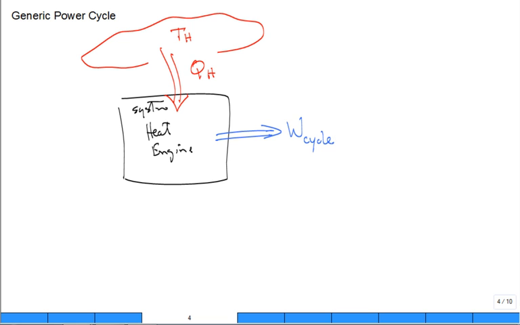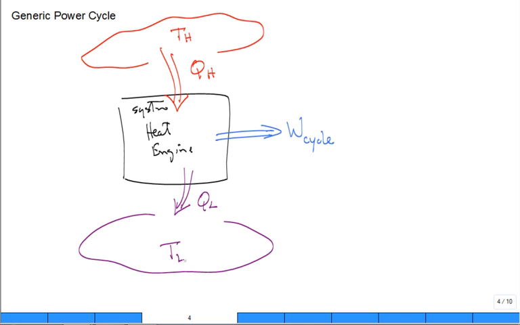And there's no way to do that without throwing some heat out to the low temperature environment. Often you have to have lake water or air or something to dissipate or throw some heat out into the environment. Now, no matter how much you remove of QH, TH does not change.